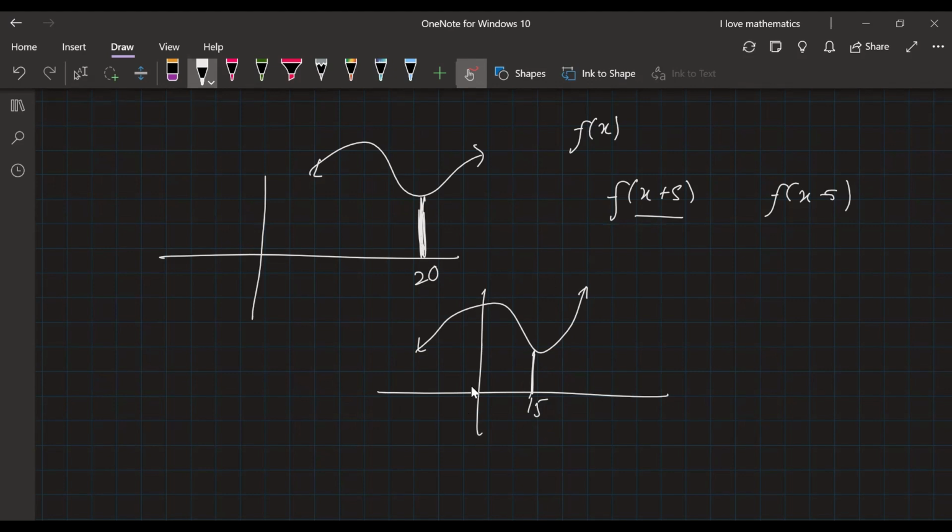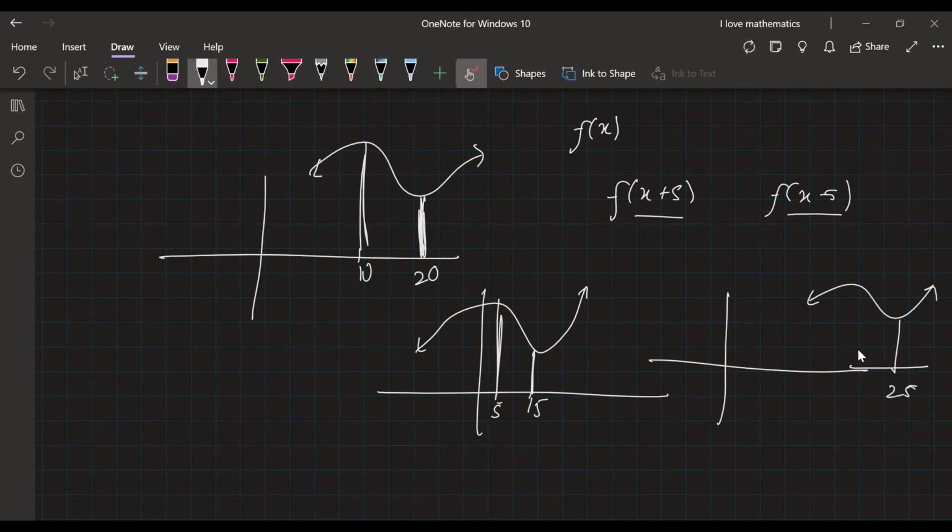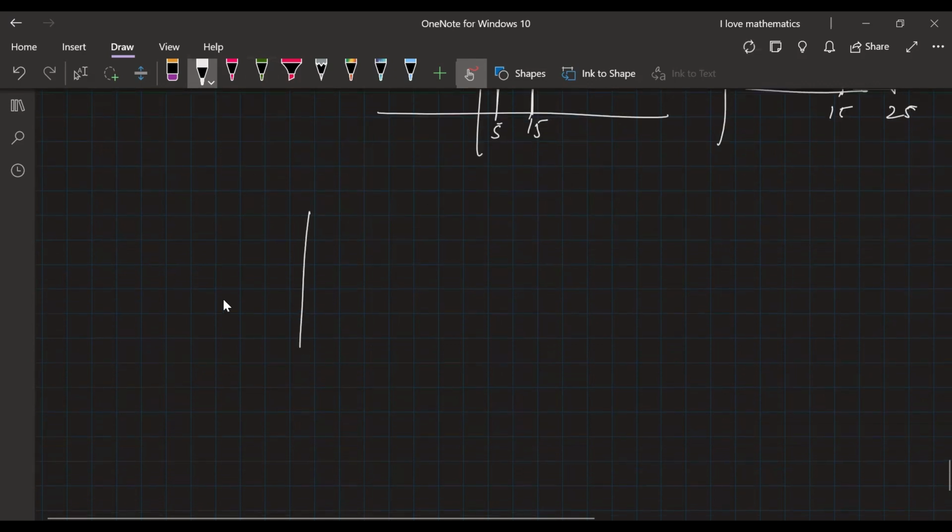This point, which was 10, is now 5. And f of x minus 5 would shift right, like this. It would become 25. It would become 15, the x value. It's just the same as those graphs that we were talking about.